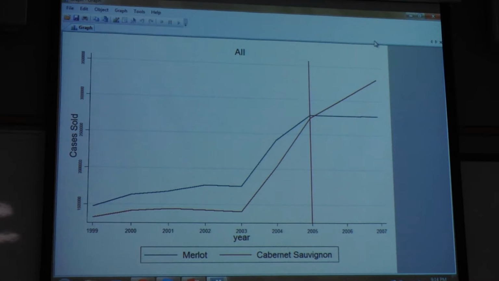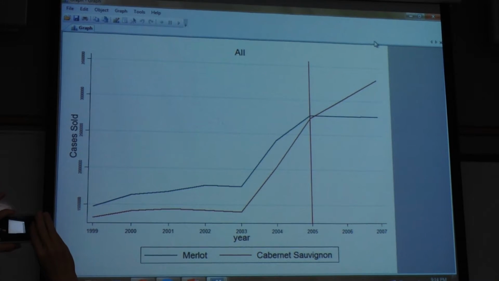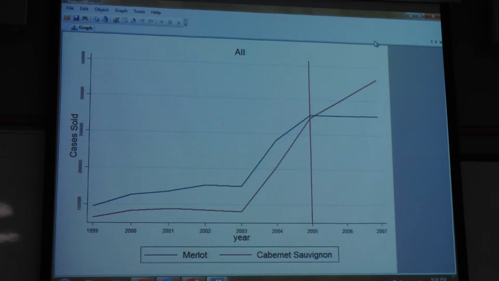All right, so there's our graph. These aren't regressions, this is just the same data we looked at before. And again, we see a flattening of Merlot after the movie, but we also see kind of a slowdown in Cabernet Sauvignon after the movie too.